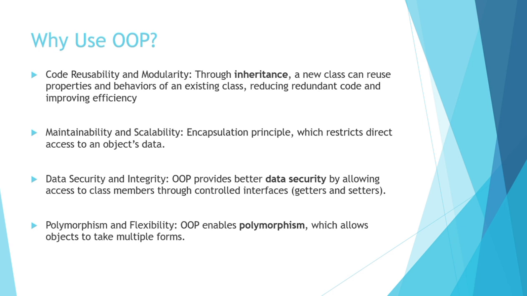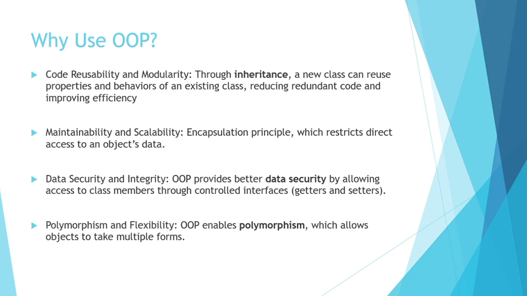By keeping data hidden and only accessible through well-defined interfaces, such as getter and setter methods, encapsulation reduces the risk of accidental changes and bugs. This makes the code base more maintainable, as developers can update or extend functionality without breaking existing implementations. Additionally, scalability is improved because objects and classes can be extended or modified without affecting other parts of the system.